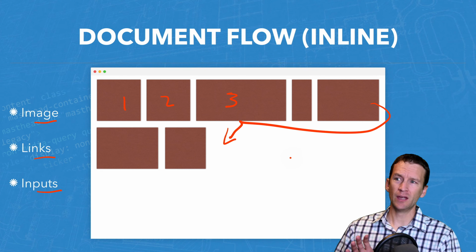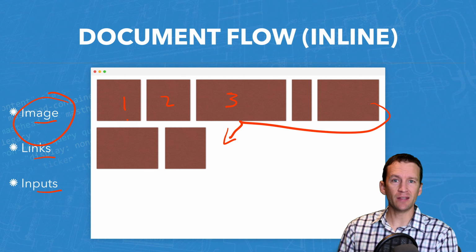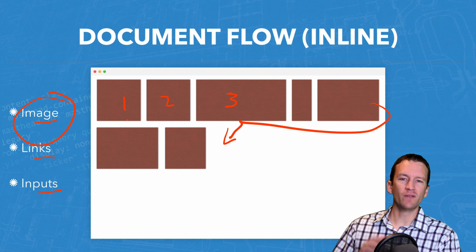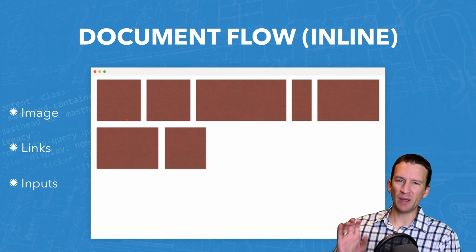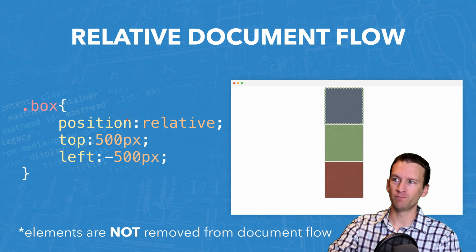Now I should note that this is just the default behavior of these tags. If I want an image tag to behave like a block, I can just change that in CSS and change any tags really between inline and inline block and all the various different types of display. So the basics are inline and block, and we have to understand that basic difference before we understand how CSS positioning modifies the document flow.